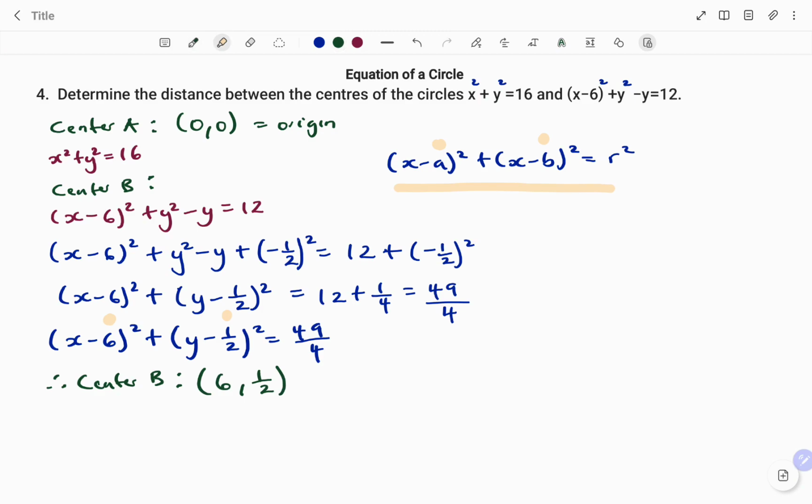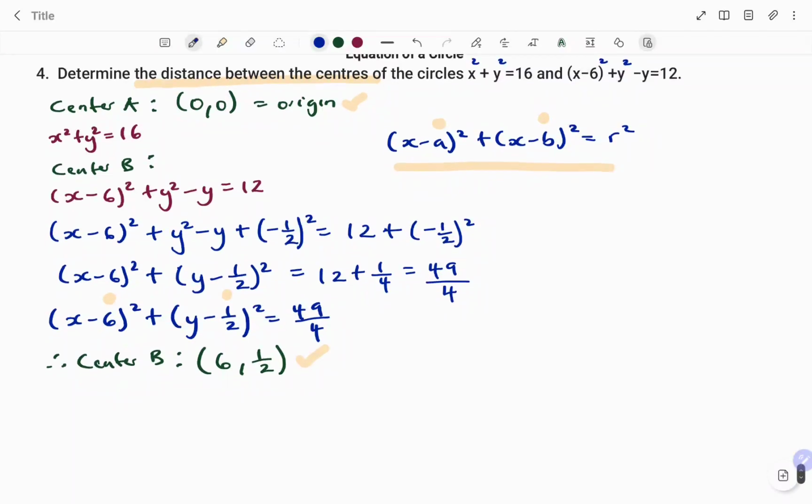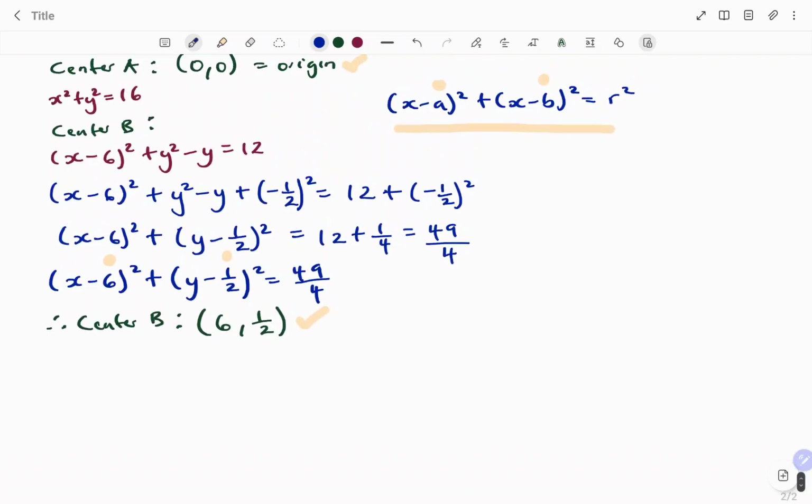Therefore, going back to the question, we have to find the distance between the centers. So we have center A, the origin, and center B, 6 and 0.5. Using the distance formula, distance AB equals the square root of x2 minus x1 all squared plus y2 minus y1 all squared.